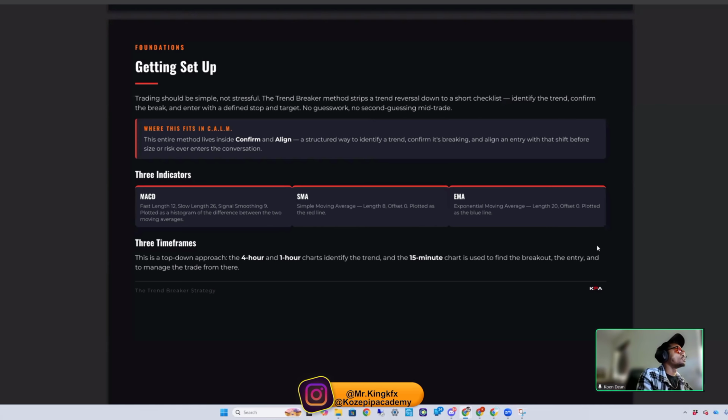So the three indicators that you're going to be able to use for this trend breaking strategy are your MACD, your SMA, and your EMA. And these are just three indicators that you can use in relation to Koze as well. So you can use them as confluence or extra confluence.